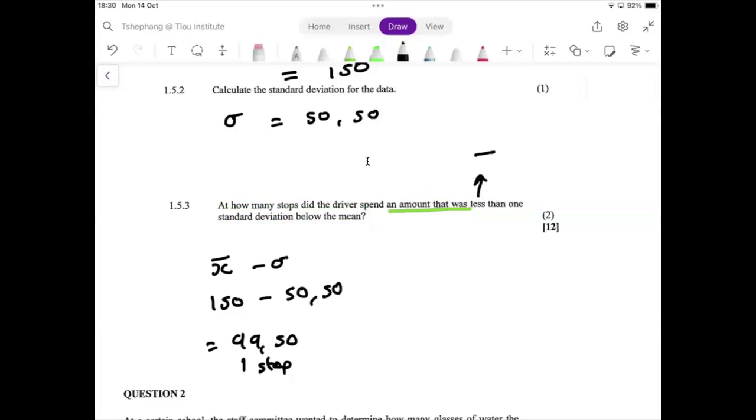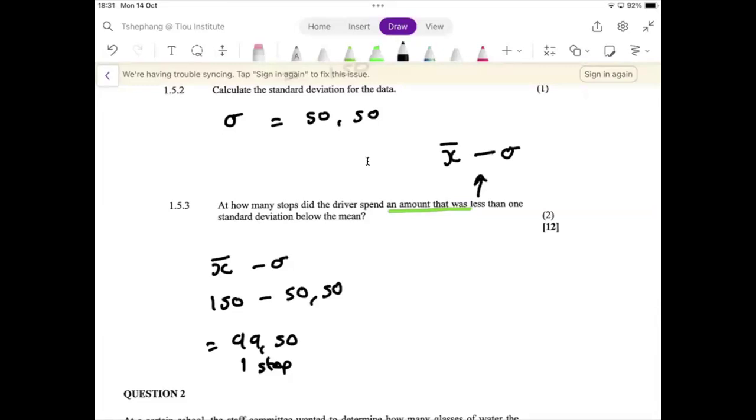What are we subtracting? A standard deviation. But where are we subtracting the standard deviation from? Less, we subtract. What are we subtracting? The standard deviation. From where? From the mean. That's why I can put the mean there, because the standard deviation is being subtracted from the mean.